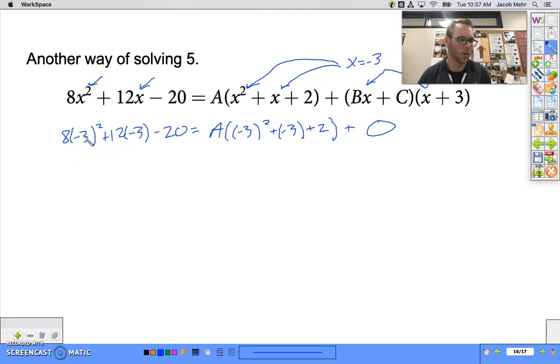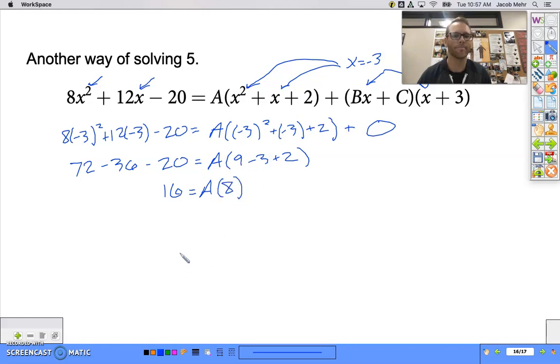All right, so a little bit of work here. We've got negative 3 squared, that's 9 times 8, that's 72 minus 36 minus 20 equals a times 9 minus 3 plus 2. Let's see here. That's 36 minus 20. That's 16 equals a times 8. And a is 2.